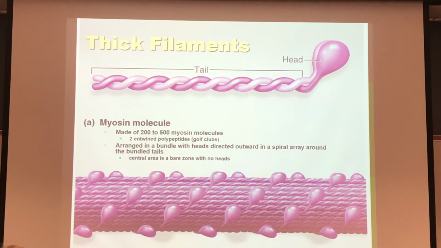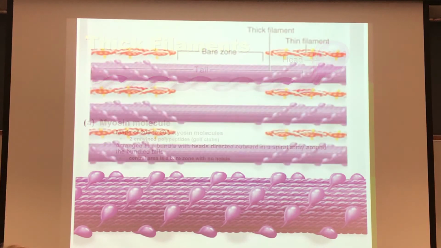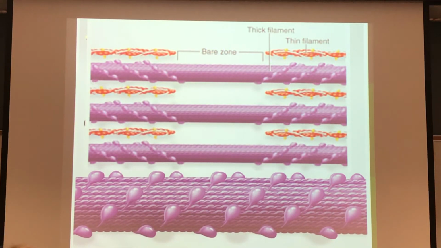Their heads are going to be important for Thursday's talk. Then this gives you more of a perspective of the arrangement of these myosin molecules. If you just focus in on this big, thick tube right here, you can see that some of these heads of the golf clubs are leaning to the left on this side.